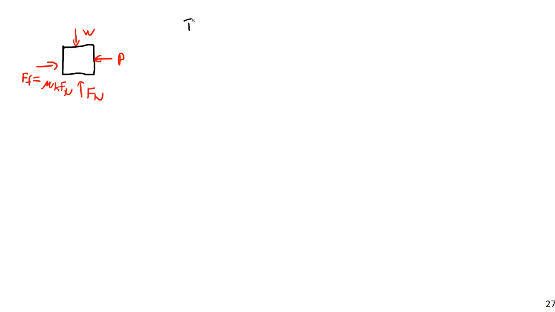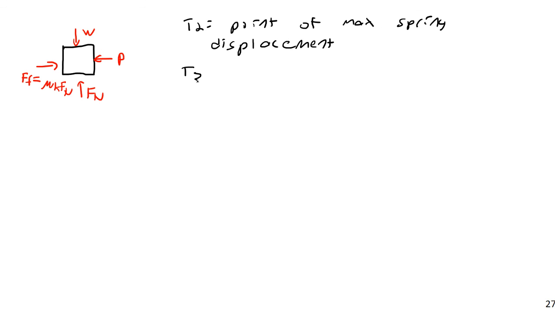Here, T2 is point of max displacement, of max spring displacement. T3, or position 3, is where package rebounds back through initial location.